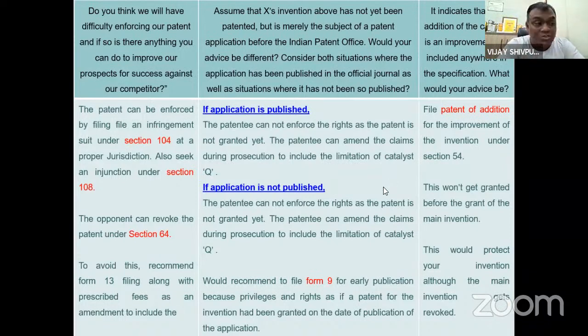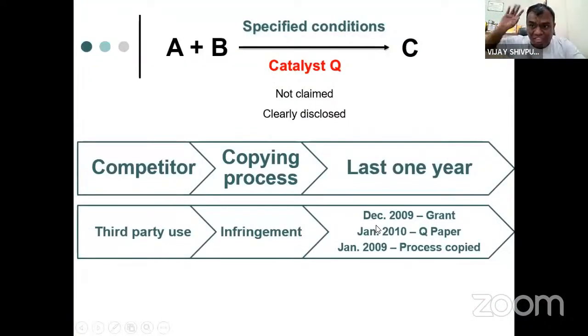The infringement is always based on what is there in the infringing product. What is there in your claim? A, B, C, specified conditions. If all these 4 elements are present in the infringing product or process, the patent is getting infringed for sure. Whatever 100 things you add, any catalyst you add, it would be infringing only.